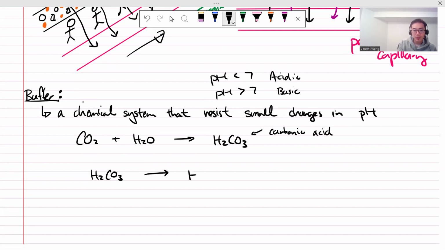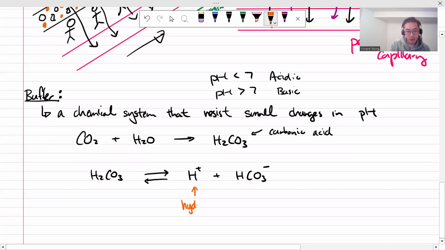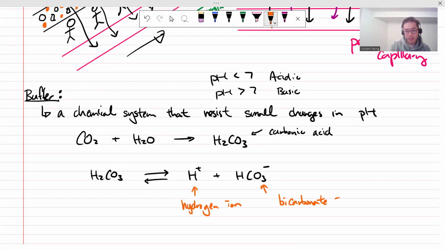It's going to dissociate into H plus and HCO3. And unlike what you might have learned so far, chemical reactions can actually go forward and backwards. Some reactions will only go forward, true, but many can go backward as well. It just shifts back and forth. So this here is hydrogen ion, and here is bicarbonate ion.